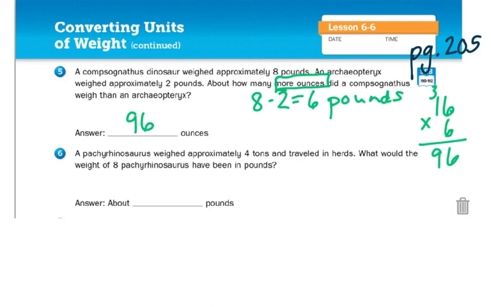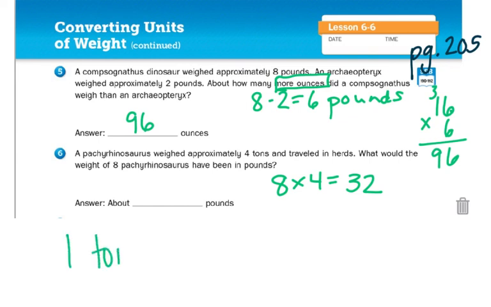Number 6. A Pachyrhinosaurus weighed approximately 4 tons and traveled in herds. What would be the weight of 8 Pachyrhinosaurus in pounds? So to figure out 8 Pachyrhinosaurus, I would take 8. Each one weighed 4 tons. 8 times 4 is 32. And then that would be in tons.